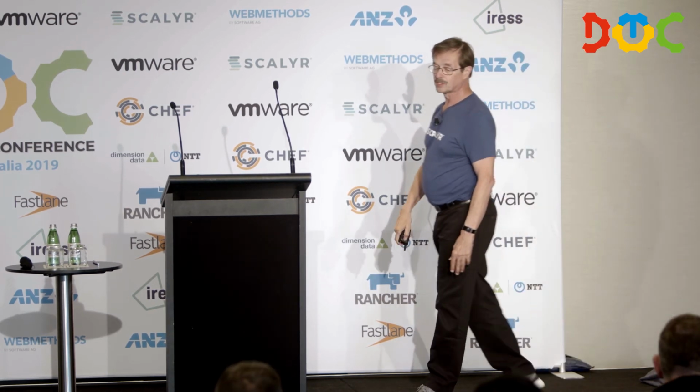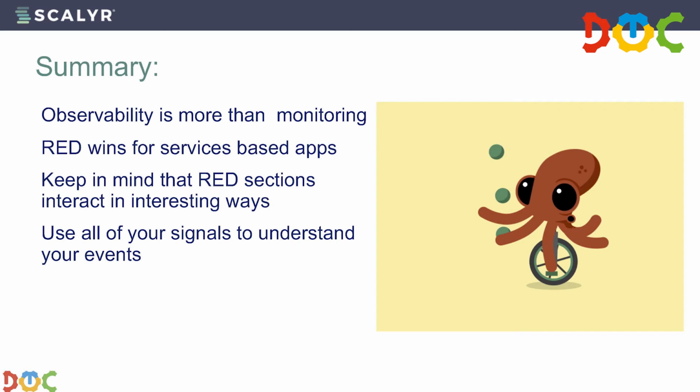So finally, observability is more than just monitoring, as he falls off the stage here. And RED is great for services, request-oriented types of applications. Again, don't use it in batch loads, don't use it in your single-threaded loads. It's not going to be really useful for you for those things. But modern architectures favor services models.